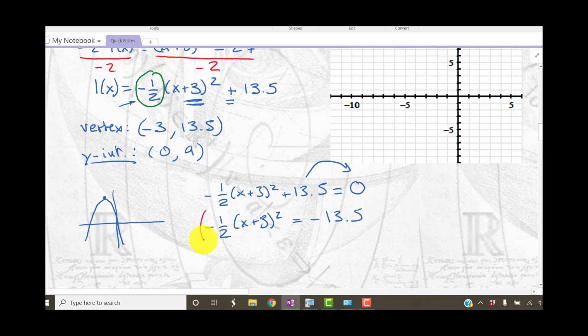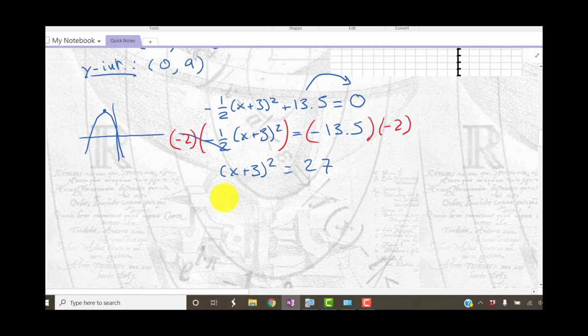Second, we multiply both sides by negative 2, or we divide by negative 1/2. It's the same thing, right? So that will cancel, of course, and I have x plus 3 squared equals 27. Then we know what to do right here. We remove the square, so we write plus or minus square root of 27, and we have x equals negative 3 plus or minus square root of 27.